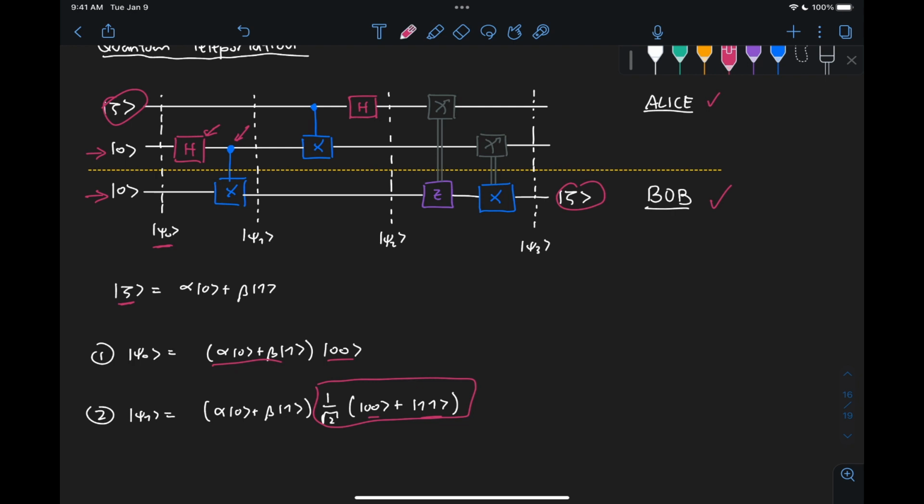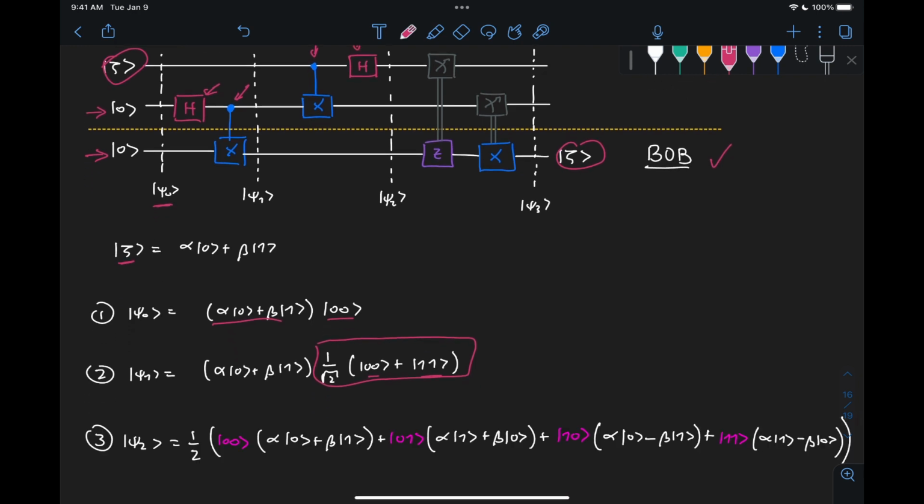Next, what we do is we measure the top two qubits, so Alice's qubits, in the Bell basis. Now, to transfer her qubits to the Bell basis, what she does is she applies a CX gate followed by a Hadamard gate. And the state that we end up with here, denoted as psi 2, is of the following form. So here we have grouped, we can factor things out, and here we have grouped Alice's qubits first, and then the last qubit, the one that Bob has, with these coefficients alpha and beta.